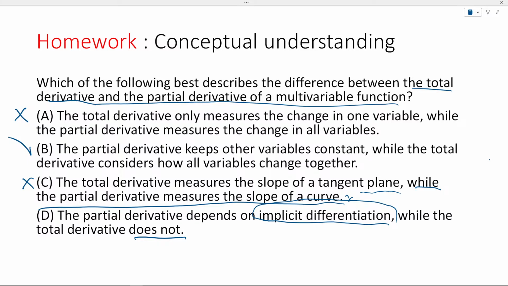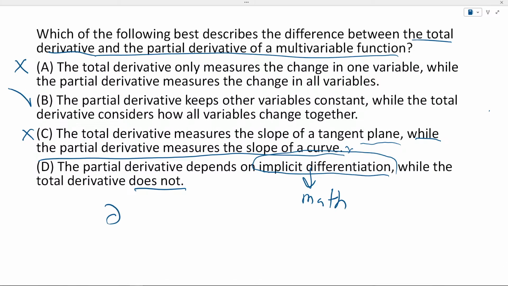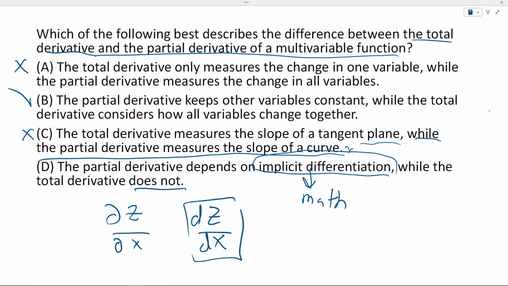The need for implicit differentiation arises from the way the function is presented and has nothing to do with the type of derivative being calculated. So this is more like a math solution method, while the partial derivative dz with respect to dx and the total derivative dz with respect to dx are types of derivative.